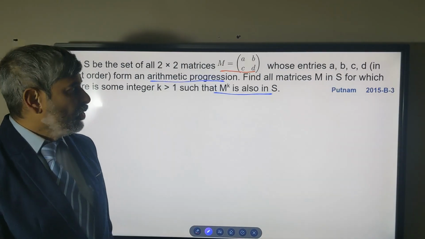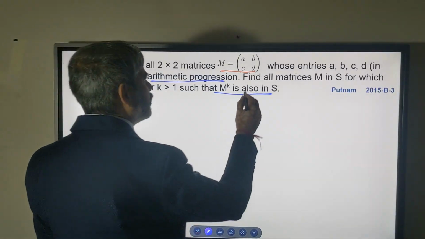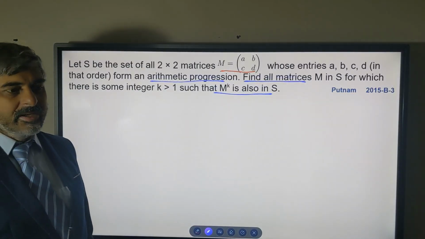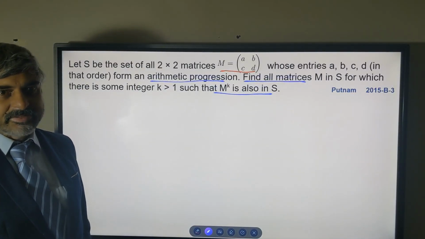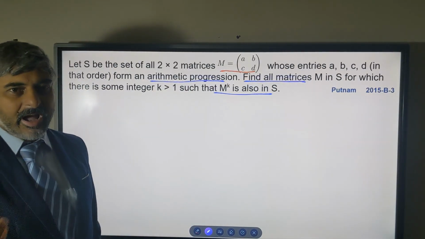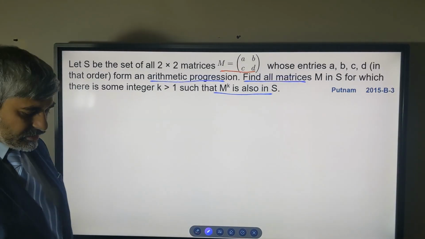And if so, how do you choose them? That is the question. Find all matrices. What are the interrelationships between A, the first term, and the common difference D, such that this M will have a higher power which will also be in AP? That is the essence of the question.